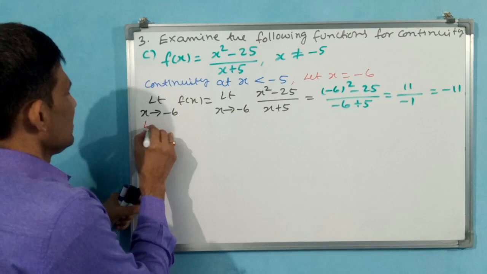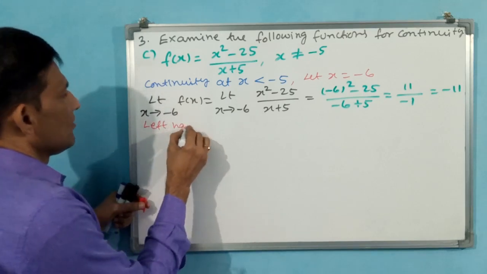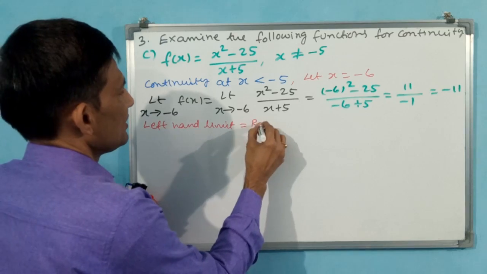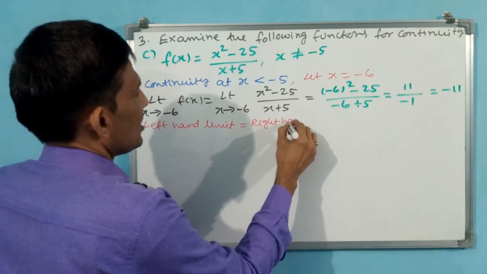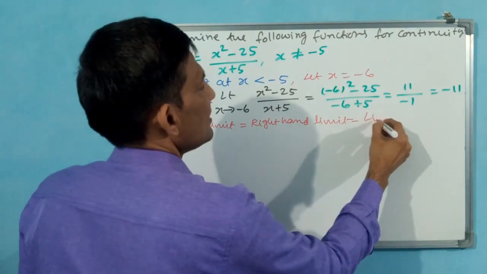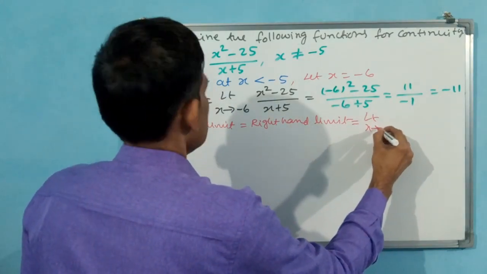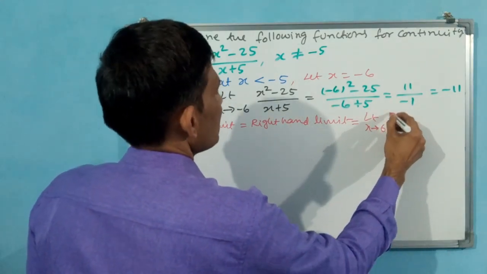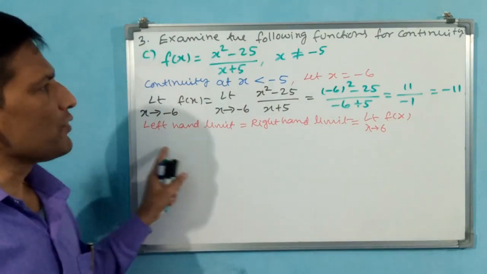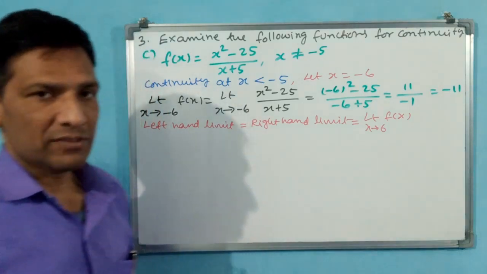Left hand limit is equal to right hand limit is equal to limit x tends to minus 6 f of x. Okay. Same thing is going to come.